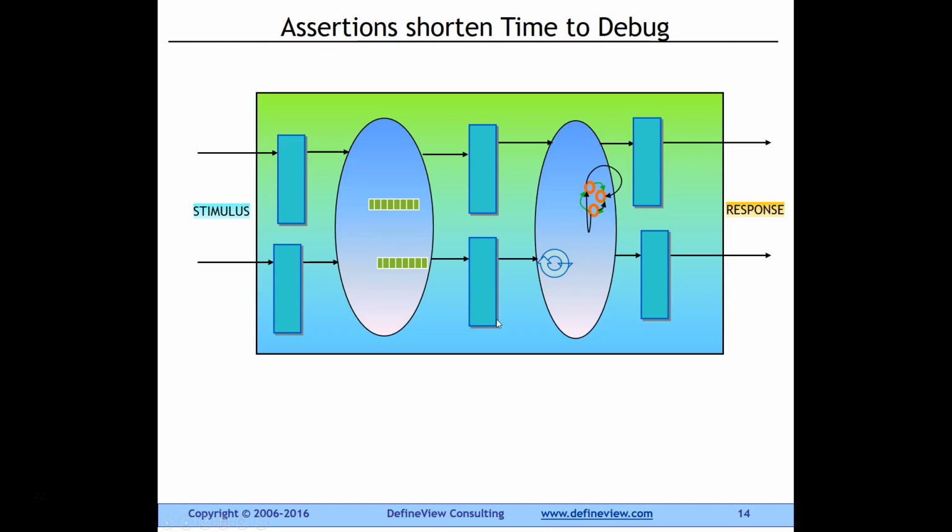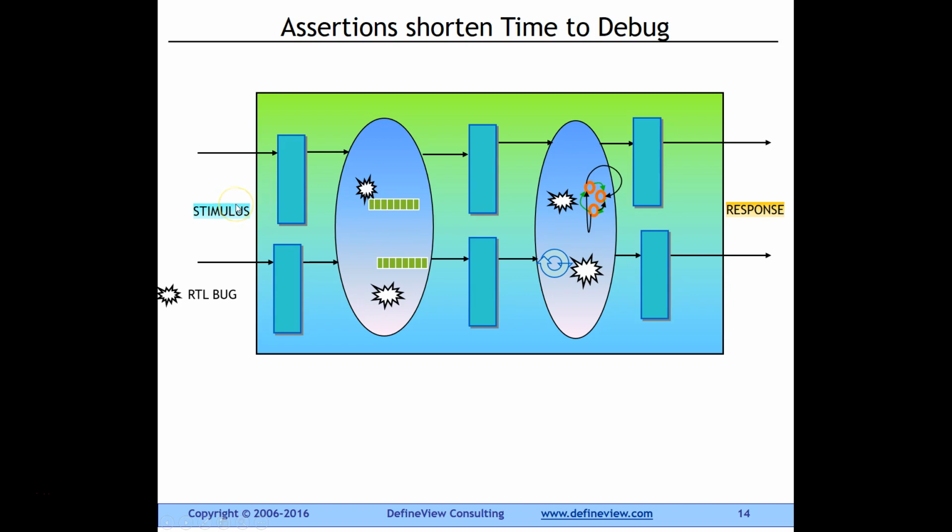Now let's see, how does it help shorten the time to debug? Let's say this is your typical design. You have flop state elements, then you have logic here, within which you have FIFOs, state machines, and counters. Well, this design is not good, so there's a good chance you have bugs everywhere.